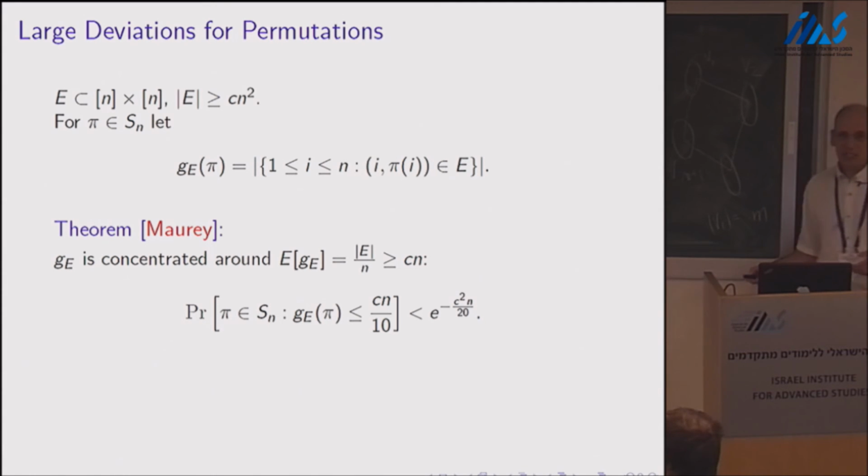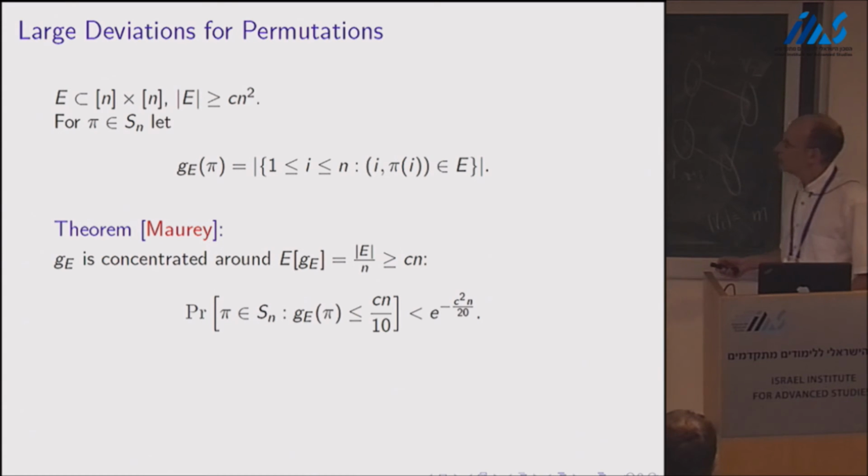And now one can ask how concentrated this random variable is. It turns out, and this is a result of Maurey, that it is very concentrated. So the probability that it will be less than the expected value over 10 is exponentially small in n, and the exponent is minus C squared n over 20.